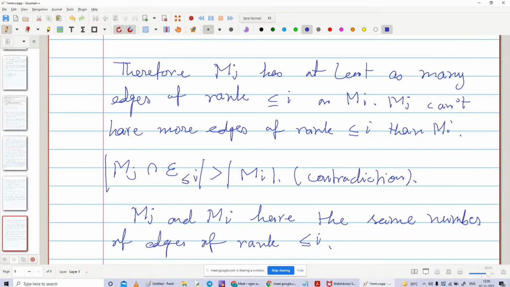Yes, because we are not removing. We are not removing. No, that may not be the case, because we can remove some edges of Oi of lower rank.